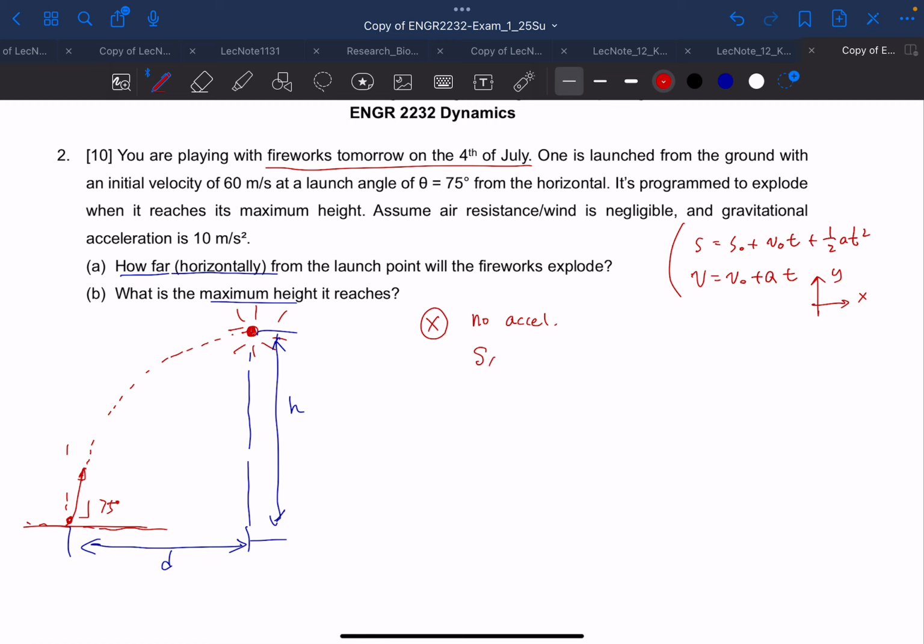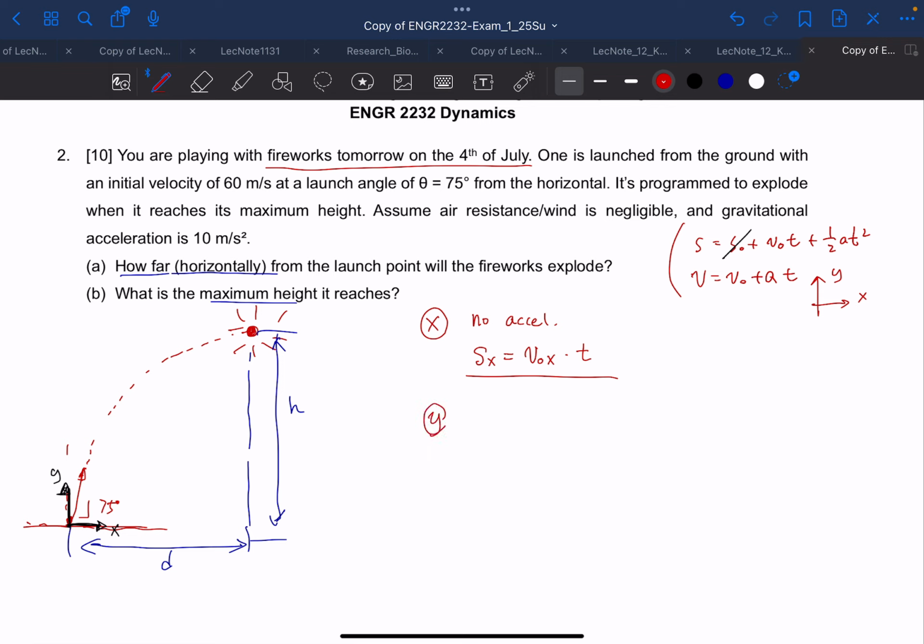If we set our axis here, x and y like that, then s naught is going to be 0, so s of x is just v of x times t. We're not interested in v here, so we don't even need to talk about that.